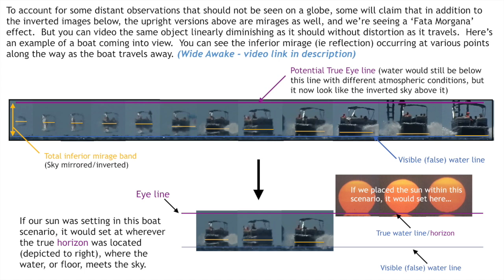And this is another way you can use objects like the sun or moon that are setting. They would determine your true horizon line at that point because they are so high and distant. When they do set, that is the lower limit of your visual field and is not distorted.